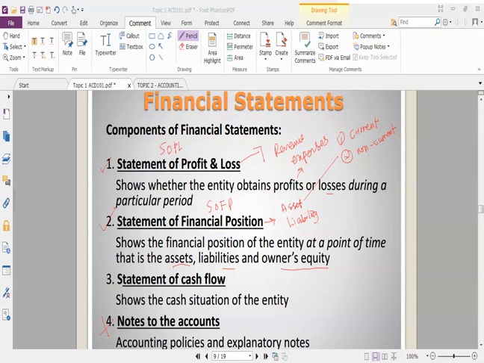Examples of non-current asset are table, chair, pictures and fittings.